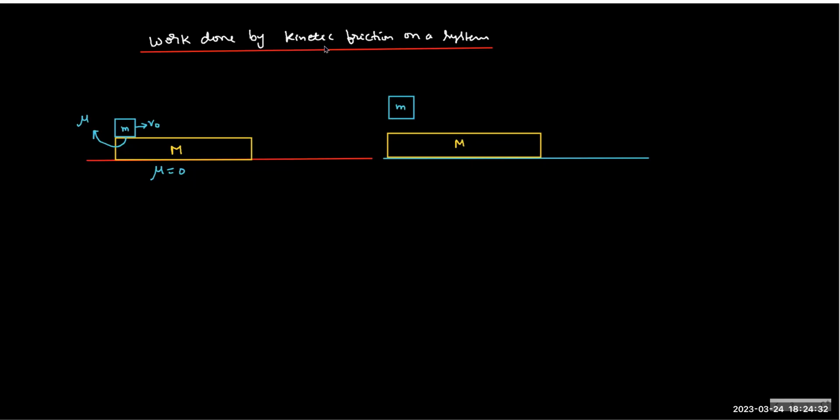Excellent. So friction force will act like this. Which friction will act, static or kinetic? Kinetic. And as per the third law, the same friction will act on the plank in which direction? Towards the right. The plank has no velocity, but the block has velocity v naught. So which one will accelerate and which one will decelerate?